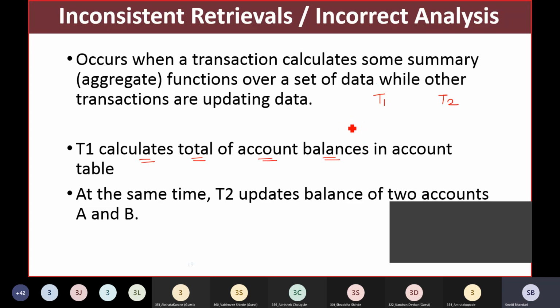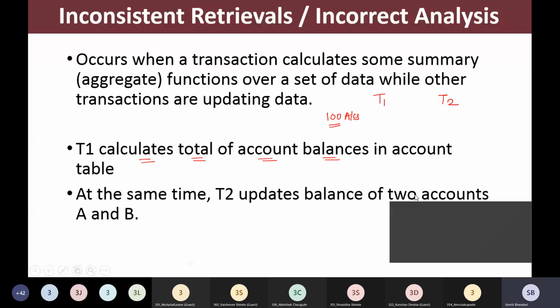So let us assume that in my database, I am having 100 accounts. Right? I am having 100 accounts. So what T1 is doing? T1 is summing up all the balances of these 100 accounts.